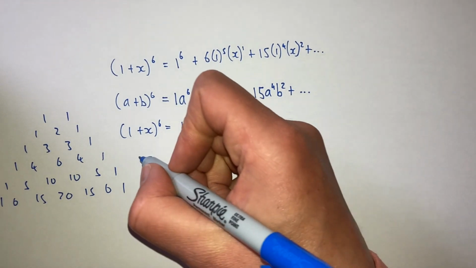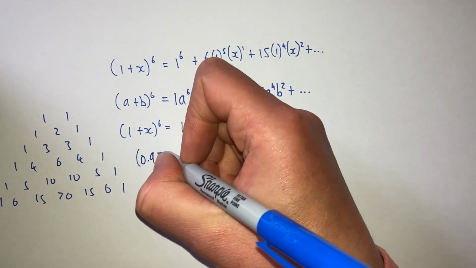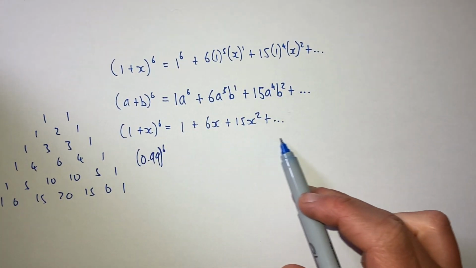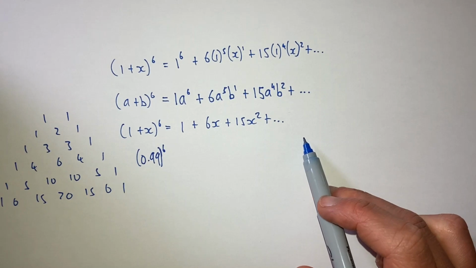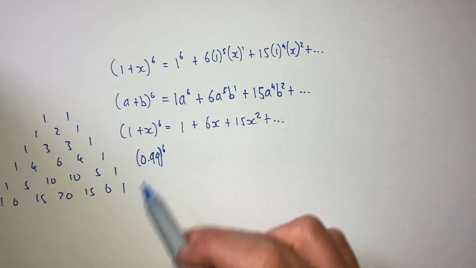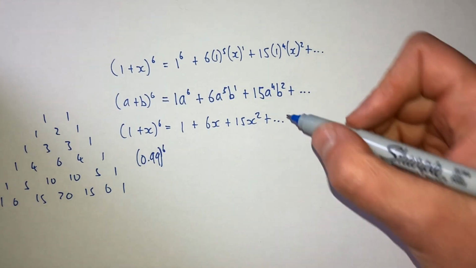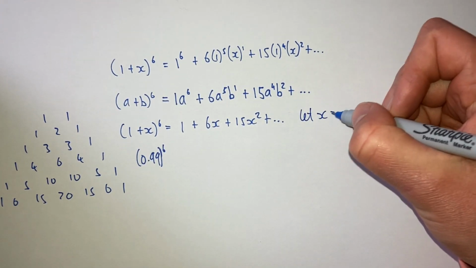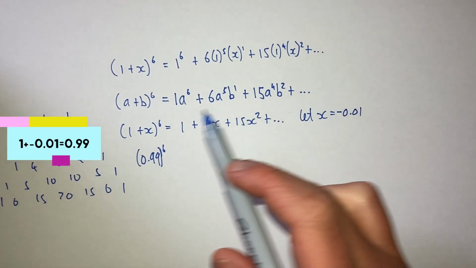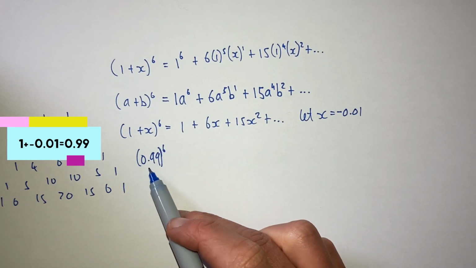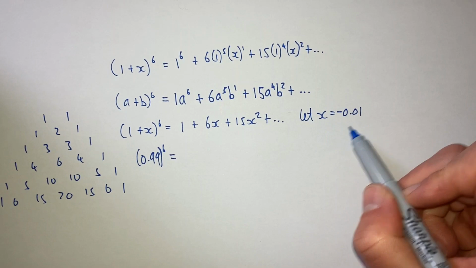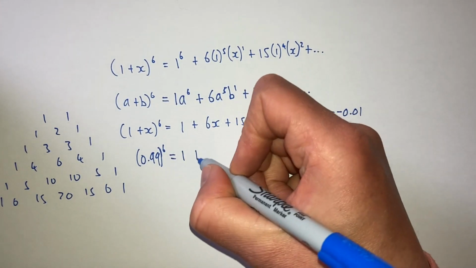If I wanted to approximate the value of 0.99 to the power of 6, I could use this expansion here by first thinking about how can I make this on the left equal to 0.99. Well, if I let x equal minus 0.01, then when I substitute it on the left hand side, I'll get 0.99. Using this substitution on the right gives me the following.